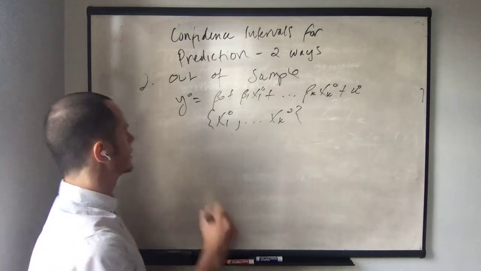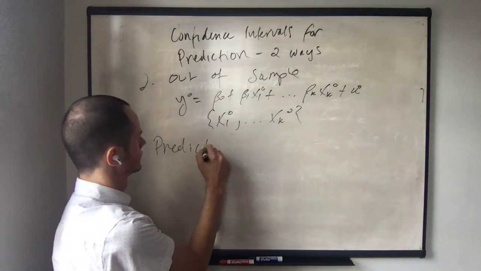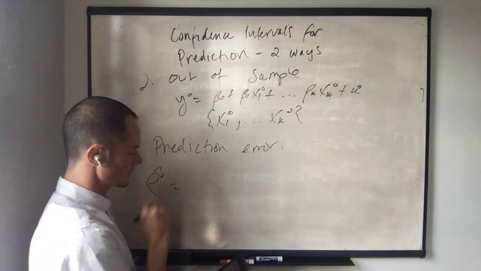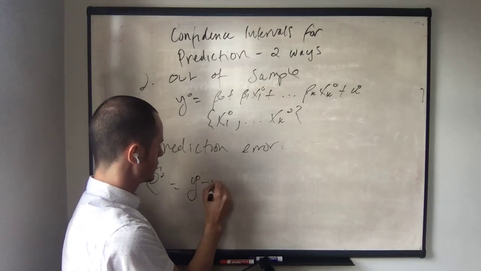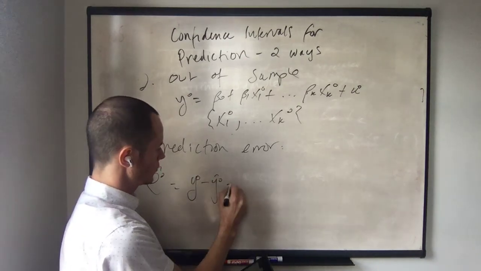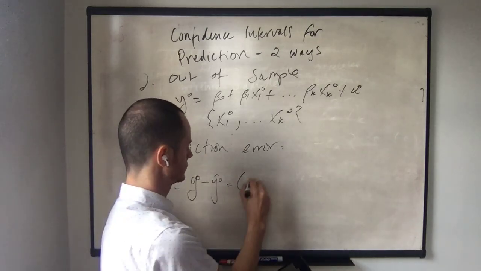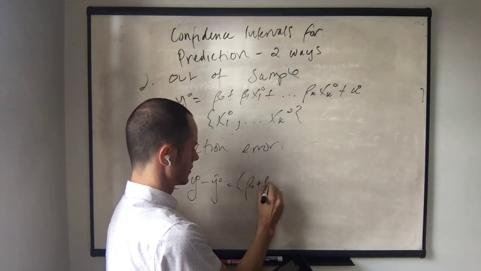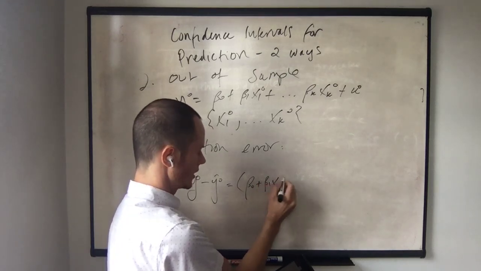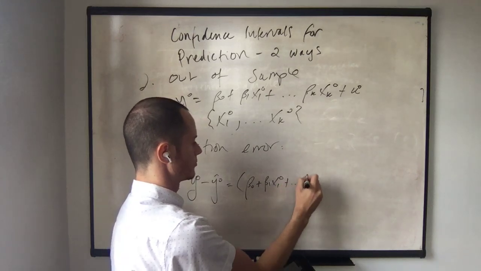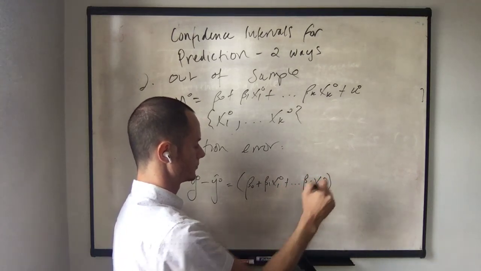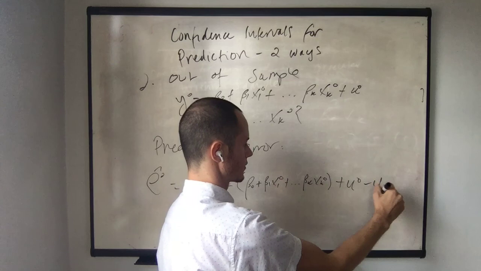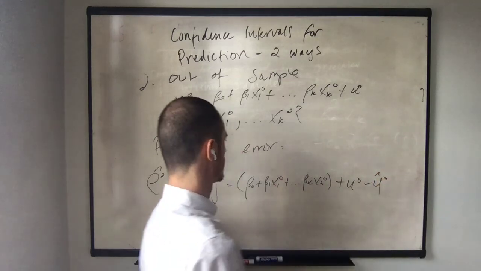The resulting prediction error is E0 hat, which is equal to y0 minus y0 hat, which is equal to beta naught plus beta 1 x1 0 through beta k xk 0 plus u 0 minus y hat 0, right?